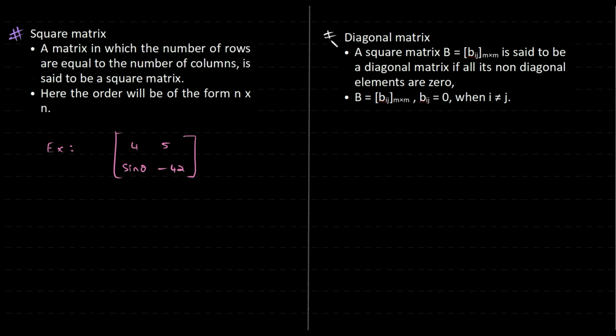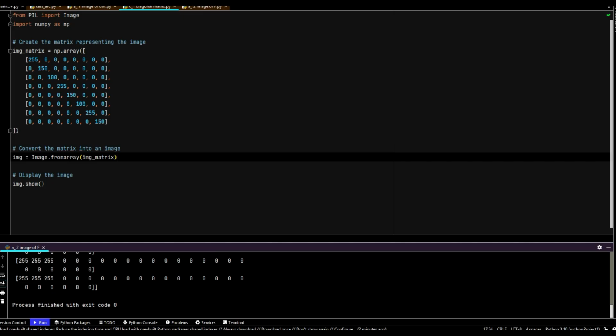Now we have the diagonal matrix. A square matrix which has only diagonal elements non-zero and everything else 0 is your diagonal matrix. Let me give an example. Here we have 8 by 8. It has to be a square matrix.